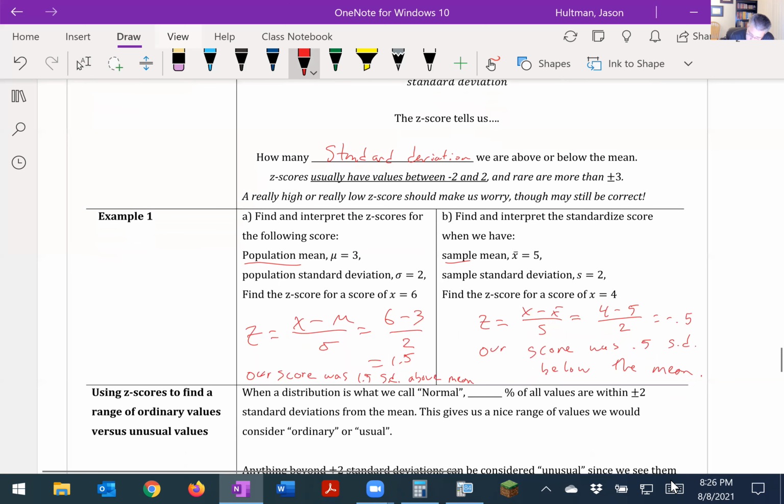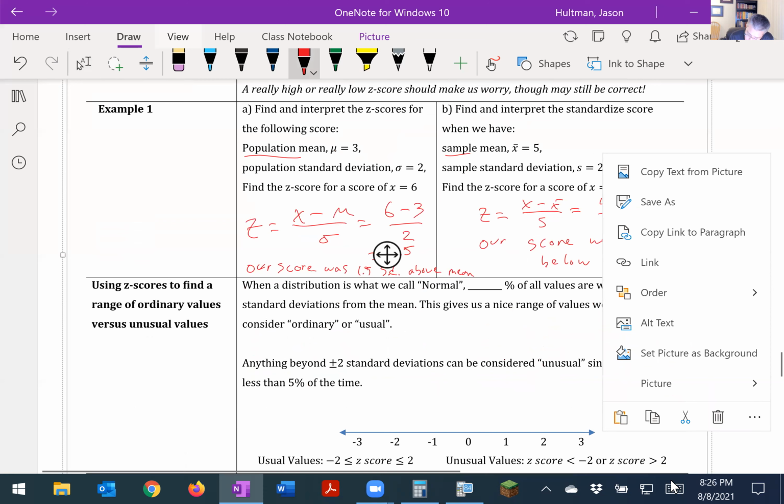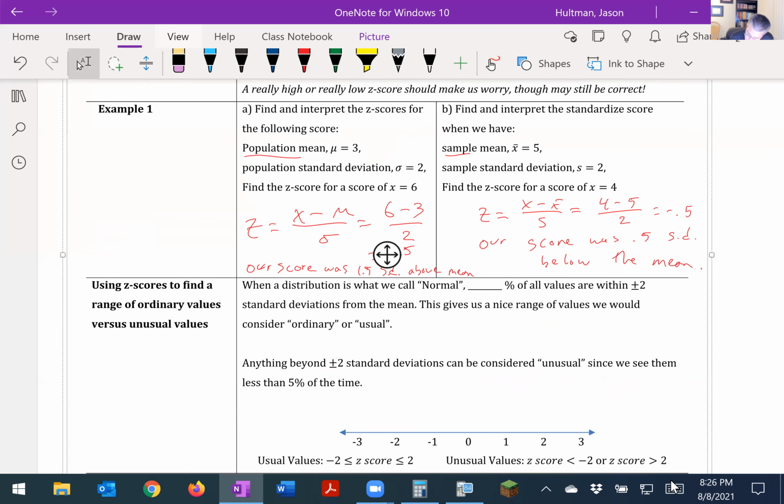Okay, when a distribution is what we call normal, 95% of the values are within 2 standard deviations. Okay, so a normal distribution looks like this. It's our bell-shaped curve.